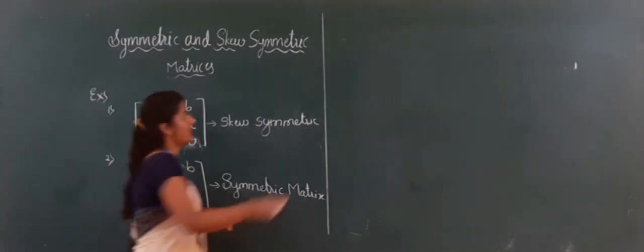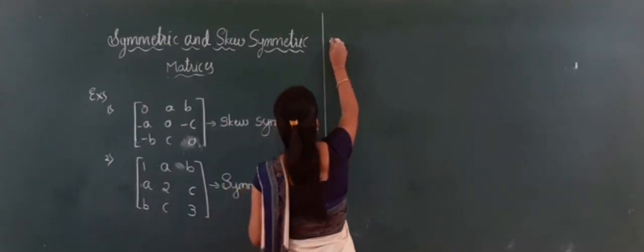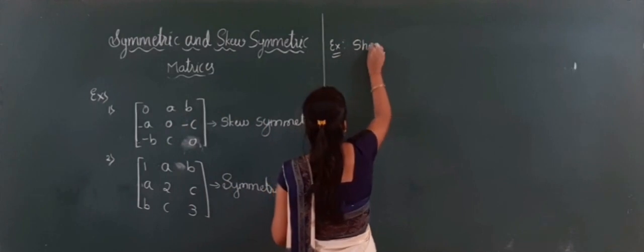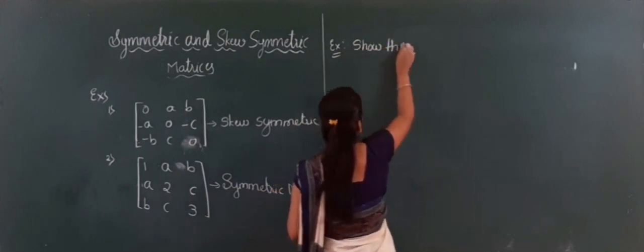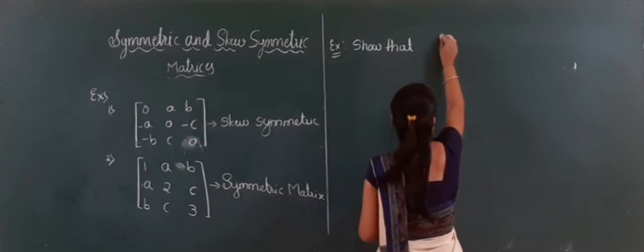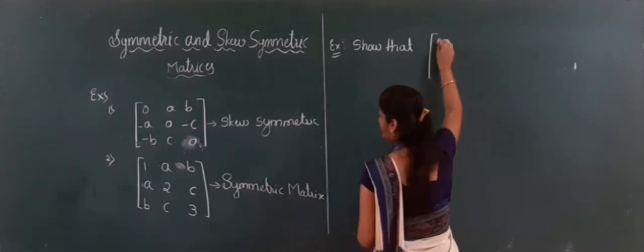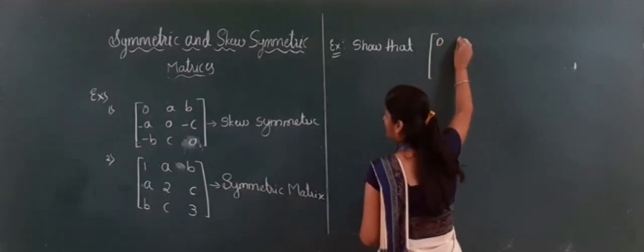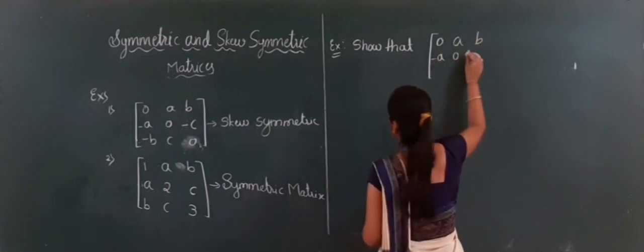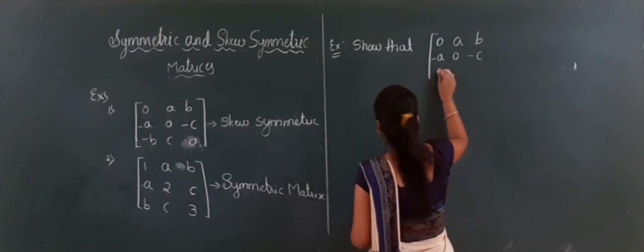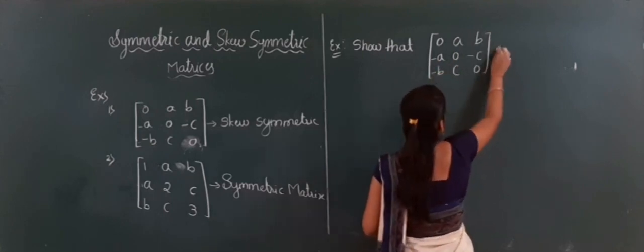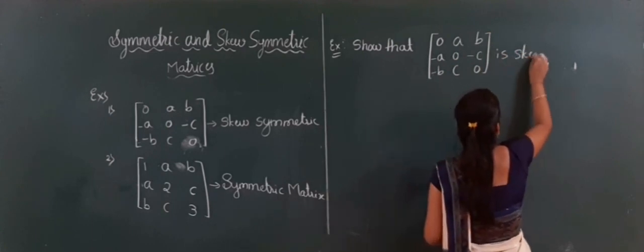For example, show that A equals 0, A, B; minus A, 0, minus C; minus B, C, 0 is skew symmetric.